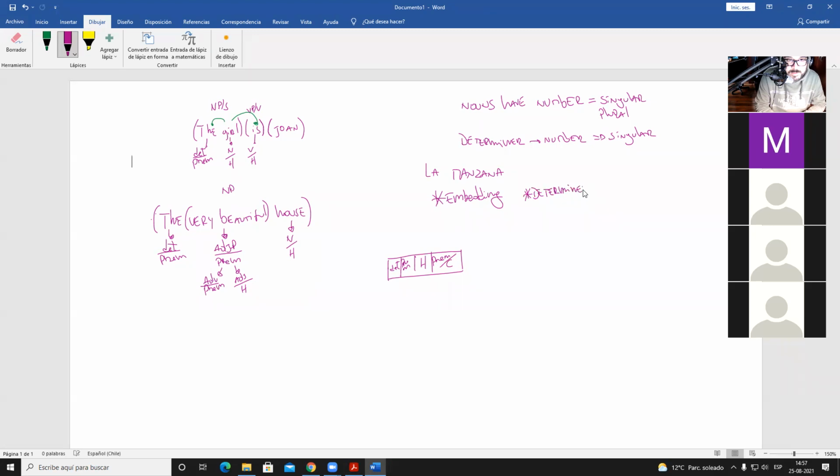The determiners are a group of words, not just one type of word, but a group of them. And this group of words provide a reference to the noun head, right? Okay, I'm going to go through this stuff very slowly.